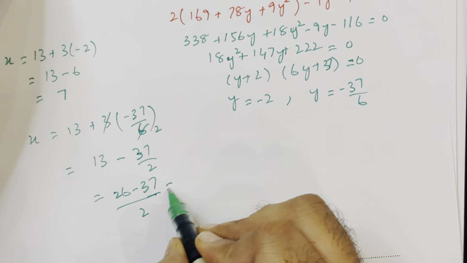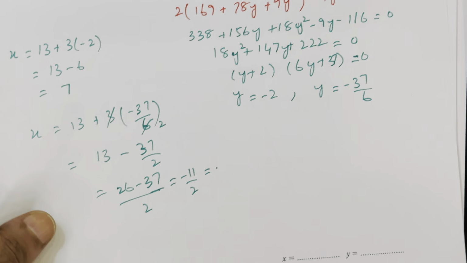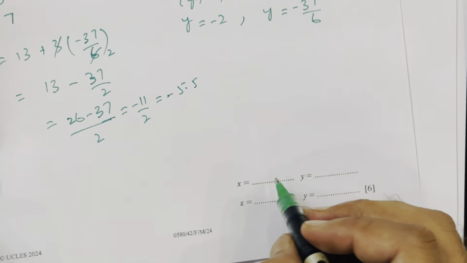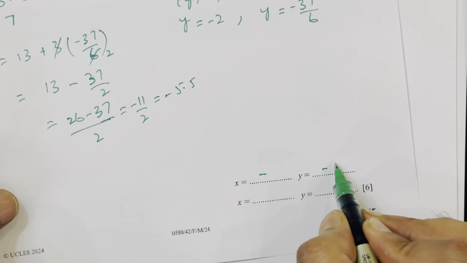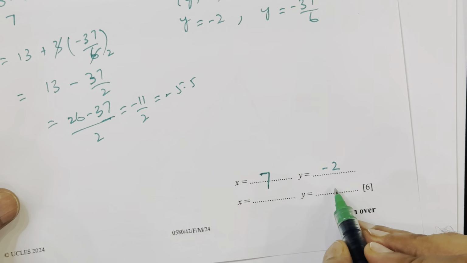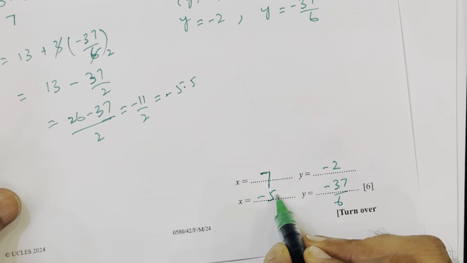After taking the LCM, it would be minus 11 by 2, and the value you can write in fraction or in this form, minus 5.5. So when the value of y is minus 2, the value of x is 7, and when the value of y is minus 37 by 6, the value of x is minus 5.5.